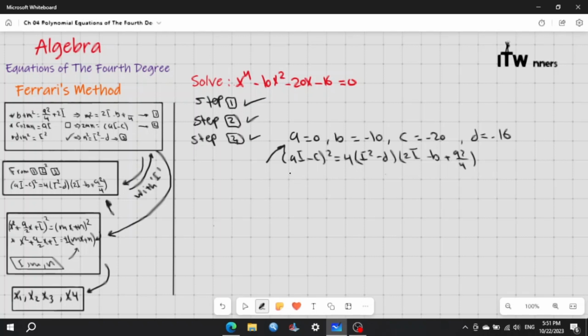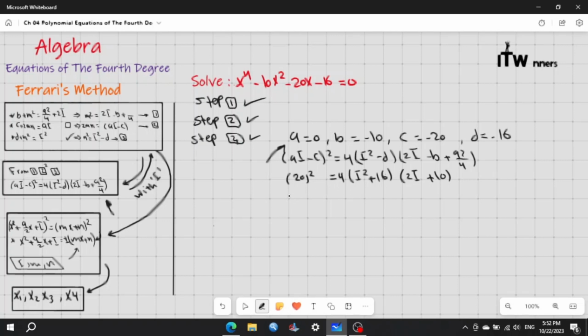So we have c squared, here 20 squared, equal to 4 into (I squared minus d). We have d equal to negative 16, so we have plus 16, into 2I. Here we have b equal to negative 10, so we have plus 10, and a equal to 0.